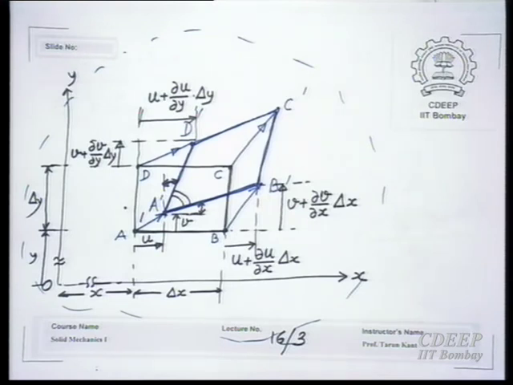They will also have maxima and minima. So you also have the concept of principal normal strain, just like you had principal normal stress, and then the maximum shear strain.